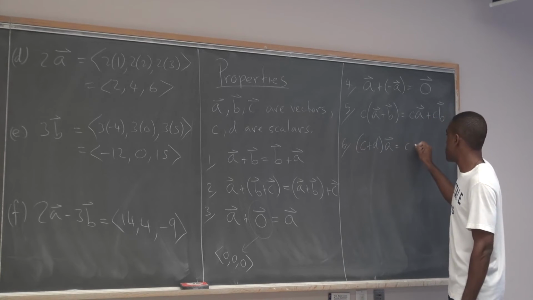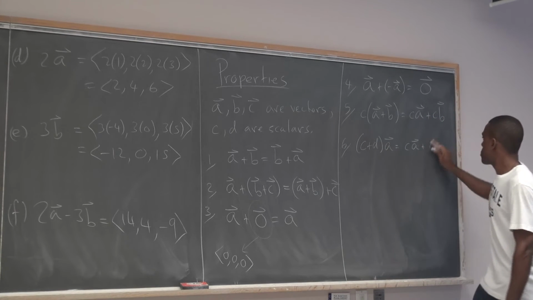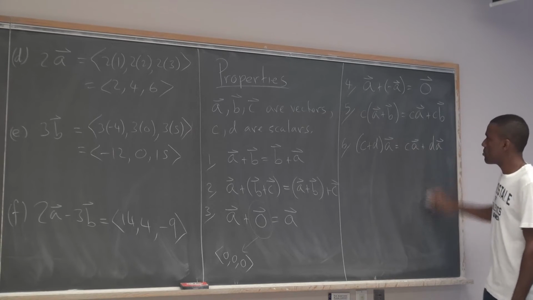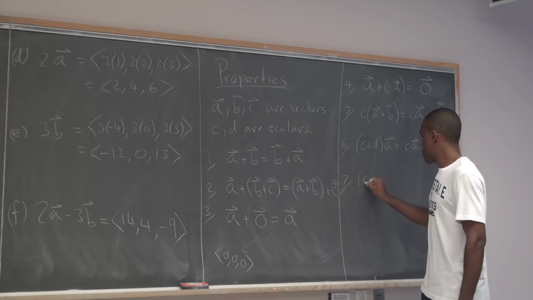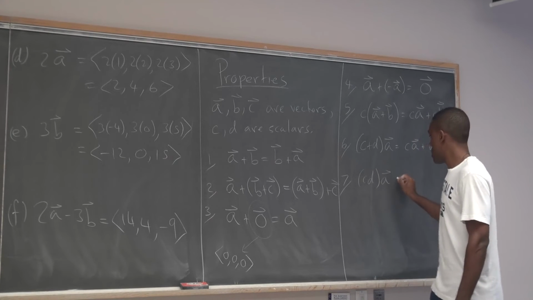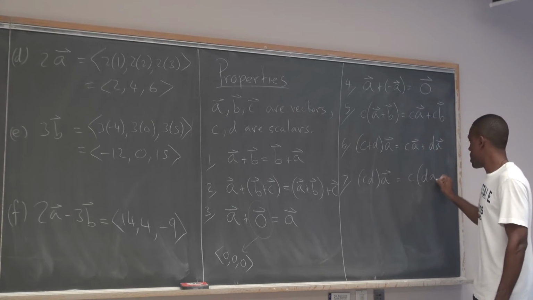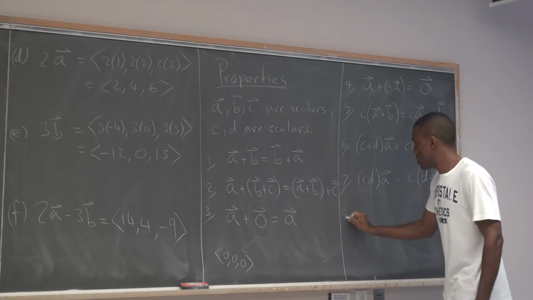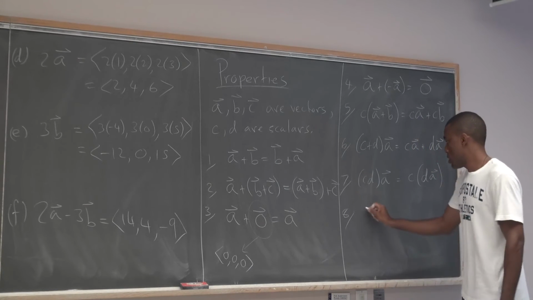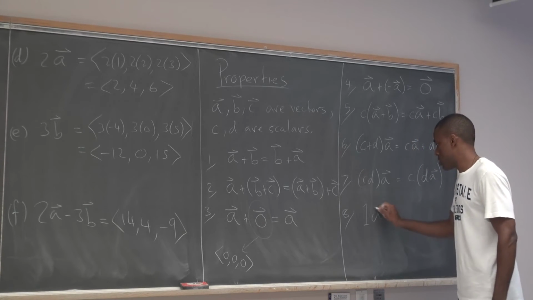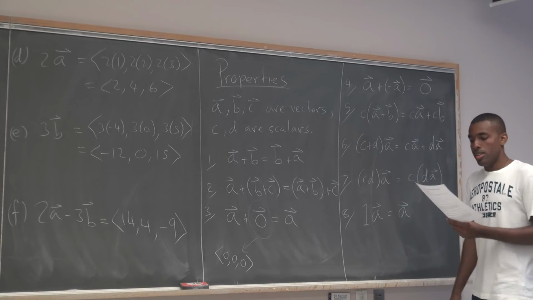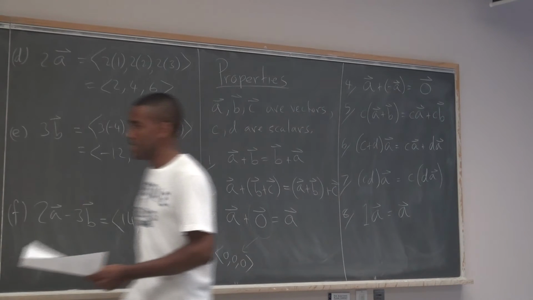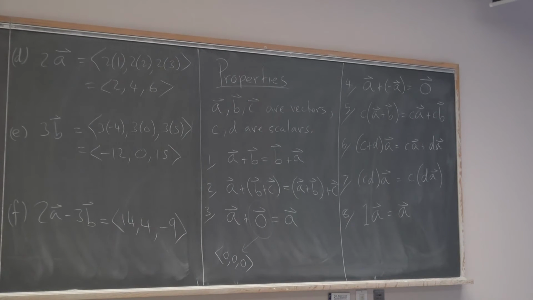This guy's going to be C times A plus D times A. CD times A is equal to C times DA. And yes, 1 times A is actually A. Don't be fooled.